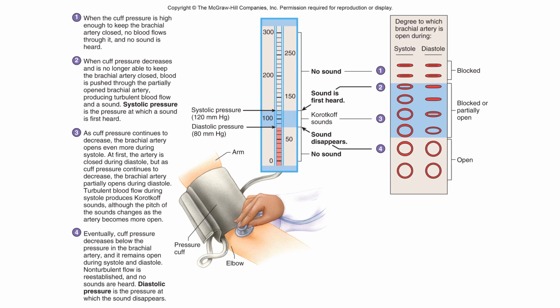When the pressure in the cuff reaches systolic pressure, and you see that at number 2 there, where the first sound is heard, the artery opens just ever so slightly during systole, and you'll have some turbulent flow, and you will hear it. So when you're lowering the pressure in the cuff and you hear the first whooshing sound, that is what you report as your systolic pressure.